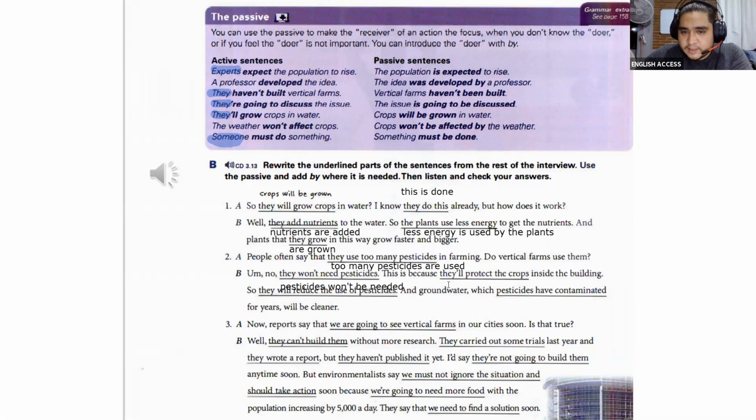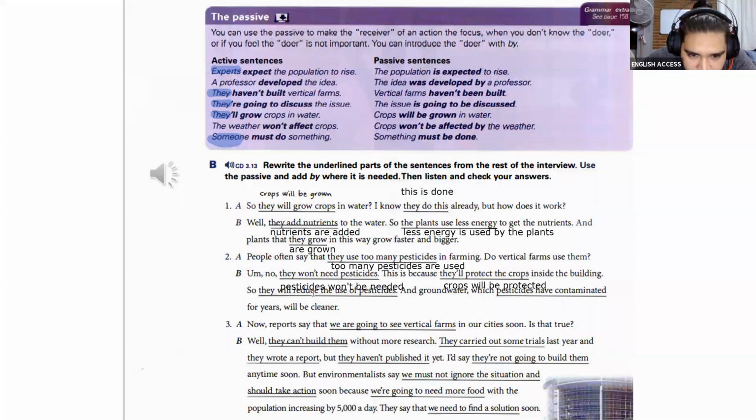They'll protect the crops. Crops will be protected. Yes. Crops will be protected.